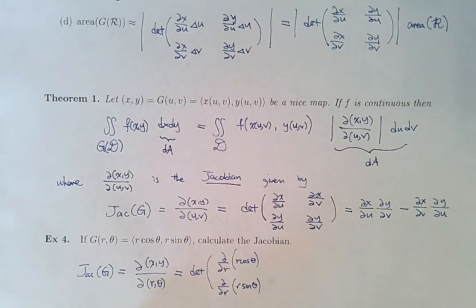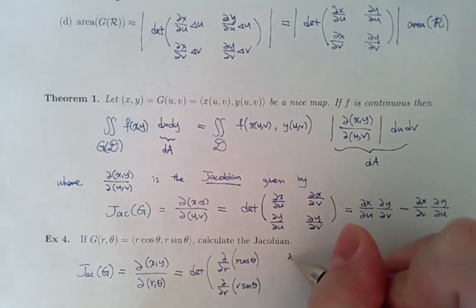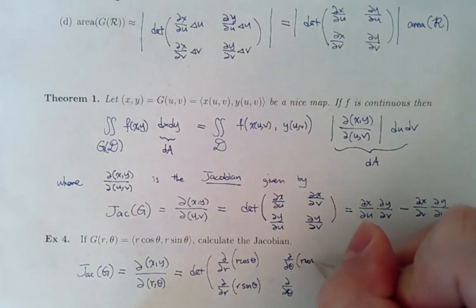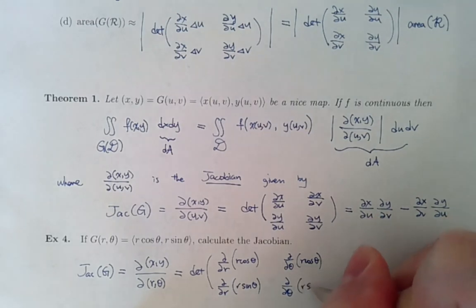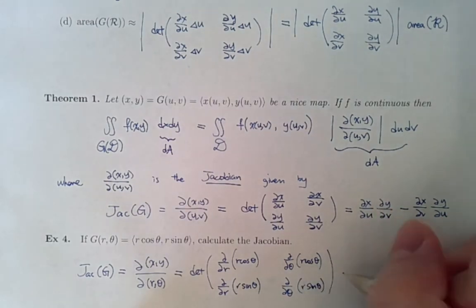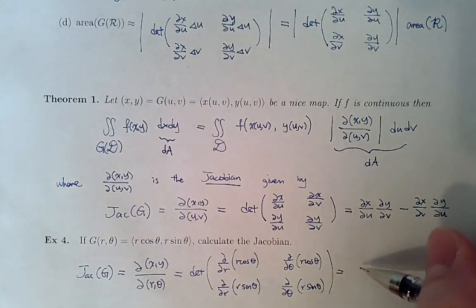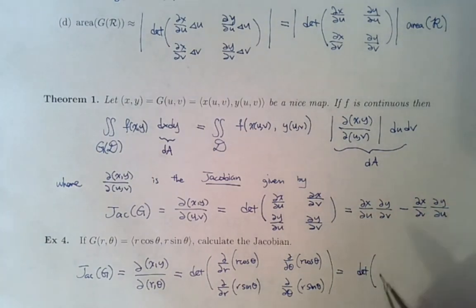Then we'll also have the term with respect to theta, and again, r cosine theta, r sine theta. And this is equal to, let's write the determinant, and let's calculate.